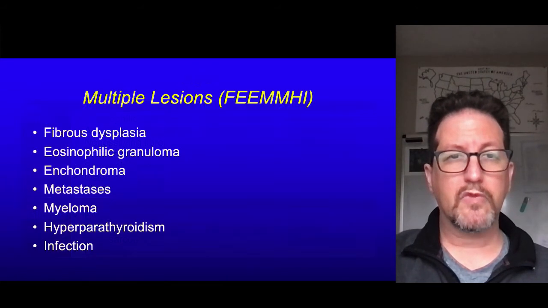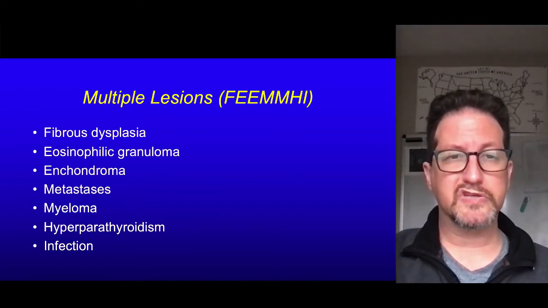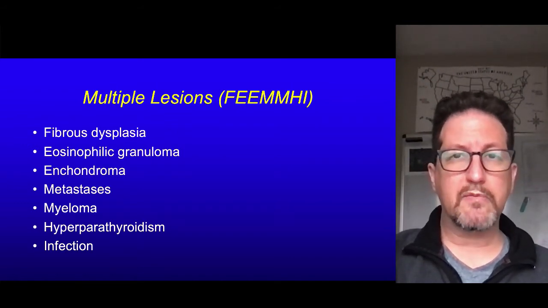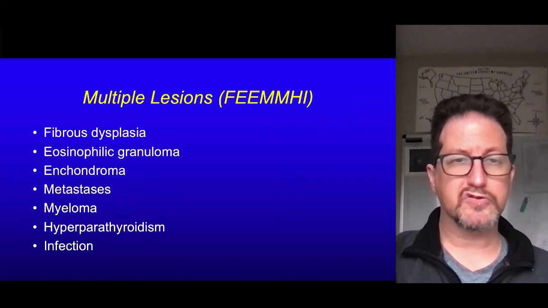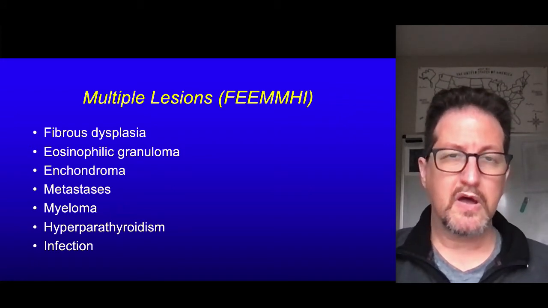All right, now let's look at single versus multiple lesions. Any lesion that you have can come as a single lesion. Not all of them are going to come as multiple lesions, though. So instead of memorizing everything for single lesions, take a look at this list.